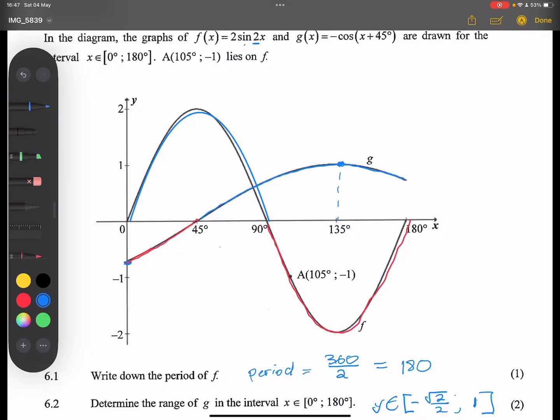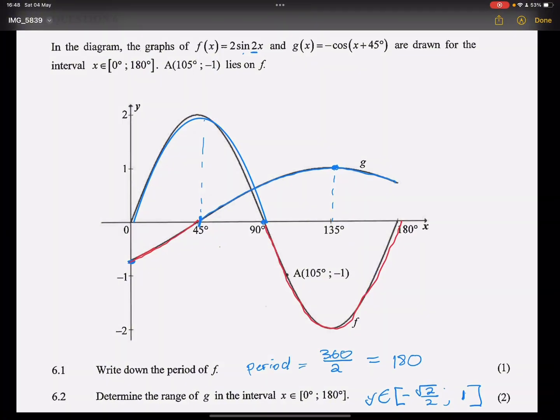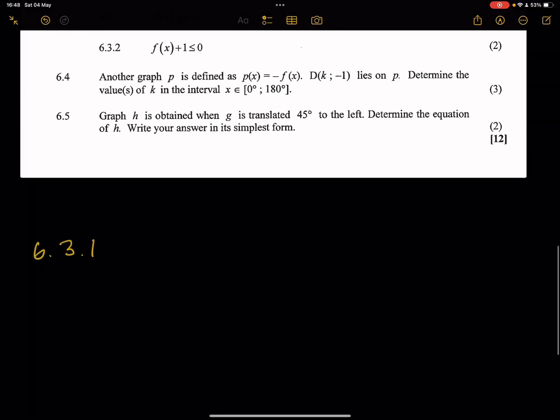Now, where are they both either red or blue at the same time? I can see the blue. That would be between 45 and 90. Can you see both graphs are blue? Between 45 and 90. So, is there anywhere where they become red? Absolutely none. So, in this case, this would be between 45 and 90, where f of x times g of x will be greater than 0.